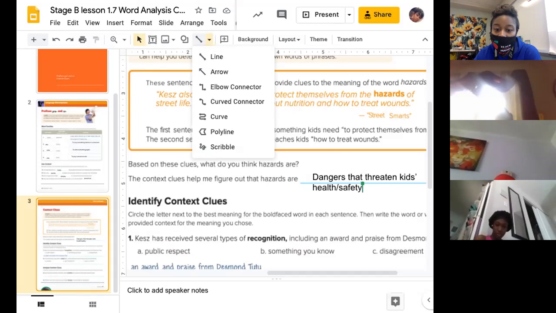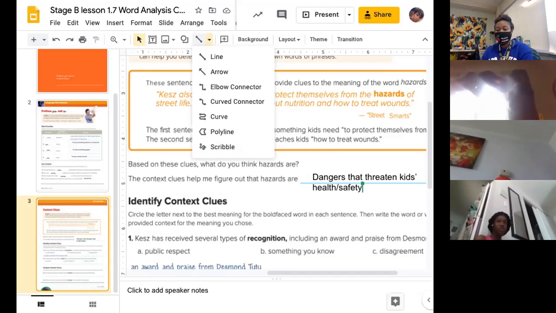B, something you know. Or C, disagreement. So the word including in that sentence tells us that an award and praise from Desmond Tutu is an example of recognition. So which multiple choice answer do you think is the best meaning for recognition?